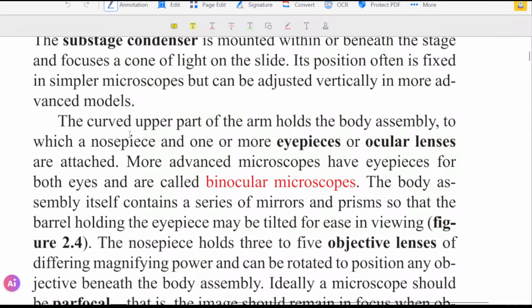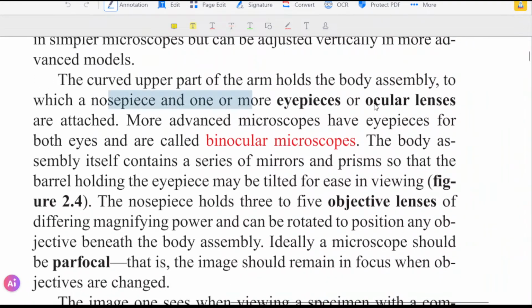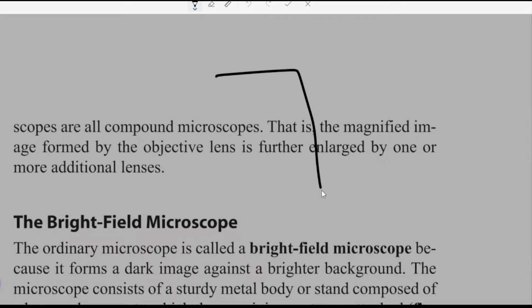So the curved upper part of the arm holds the body assembly to which a nose piece and one or more eyepieces or ocular lenses are attached. The arm that we have seen, right? This was the arm. There was the stage.